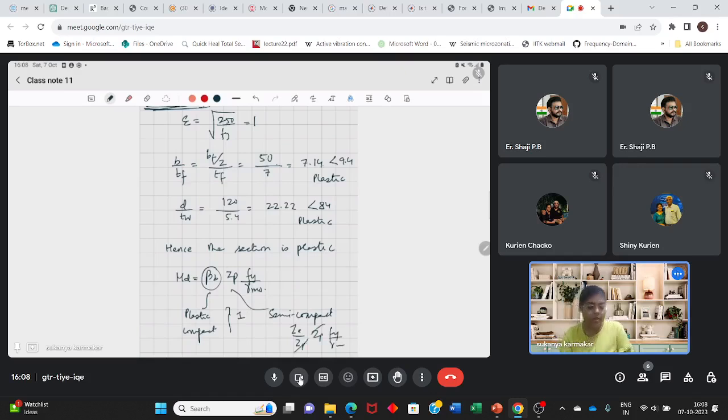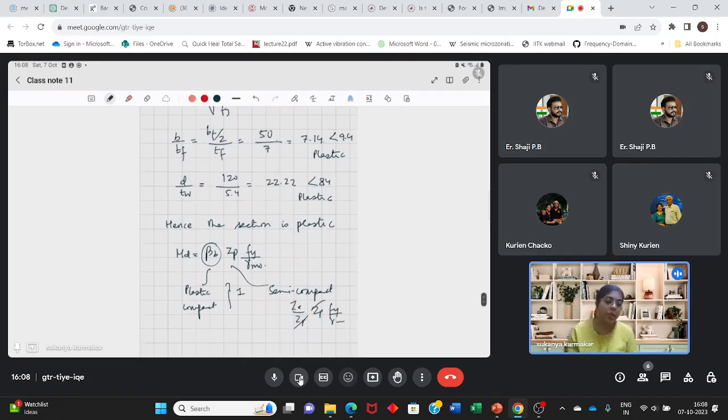Basically, you are calculating the moment with ZE, the elastic section modulus, because the section can develop only the yield moment, where the fibers in the section are stressed to the yield stress level.